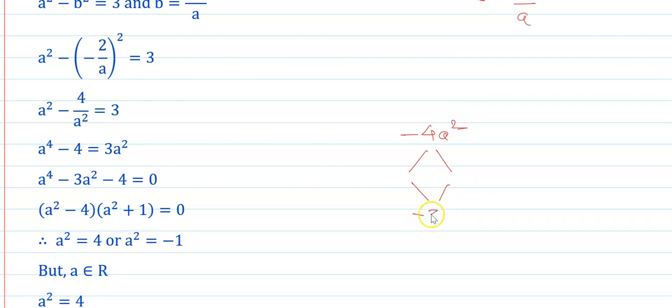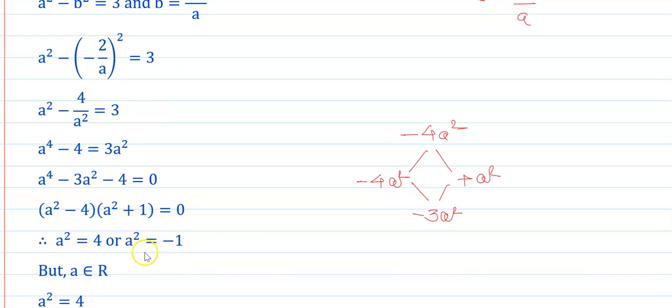What are the two numbers whose sum is minus 3a square and the product is minus 4a square? They are minus 4a square and plus a square. Hence the factors are a square minus 4 and a square plus 1, that's equal to 0, and hence a square minus 4 is equal to 0 means a square is equal to 4, and a square plus 1 is equal to 0 means a square is equal to minus 1.